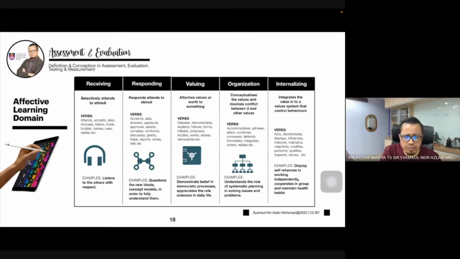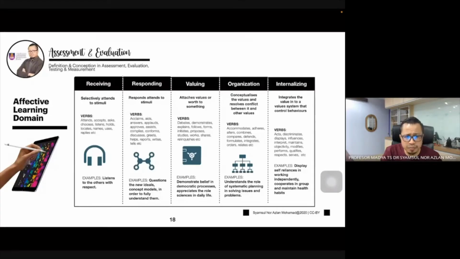I know that some of the phases maybe can be skipped, but I need you to understand that the process of nurturing the affective learning domain starts with how we, as teachers and lecturers, attend to our students with a stimulus. Let them listen and respect your delivery in the context of your subject area.